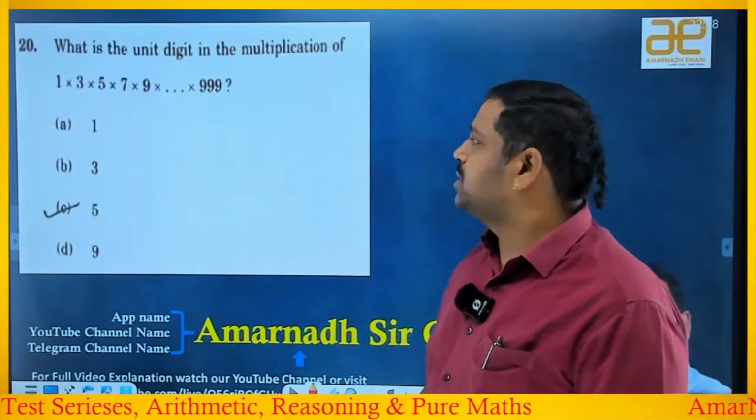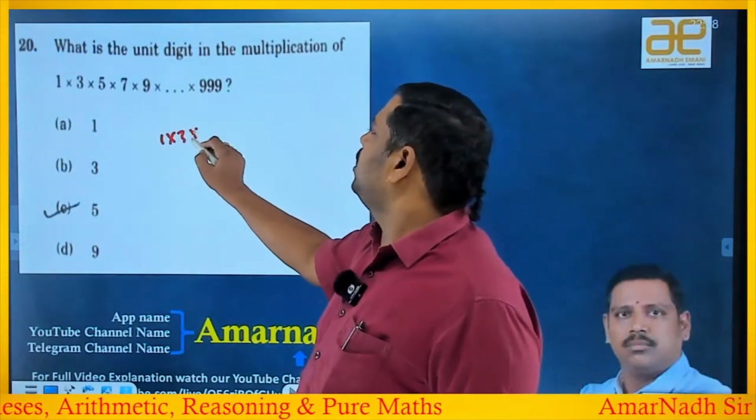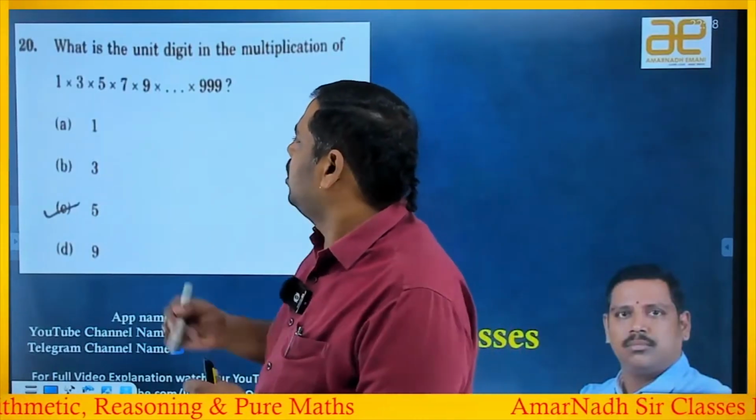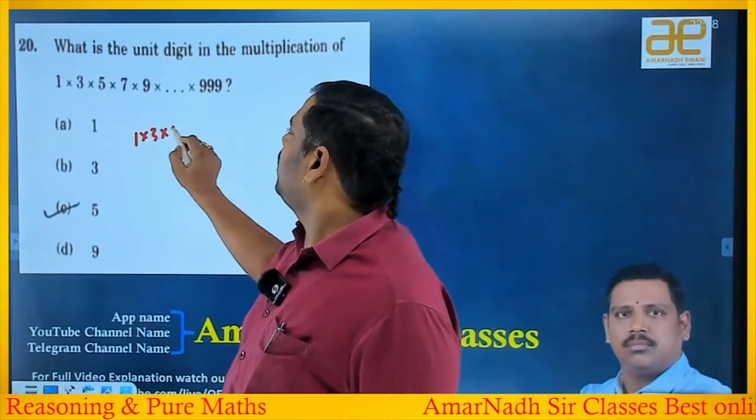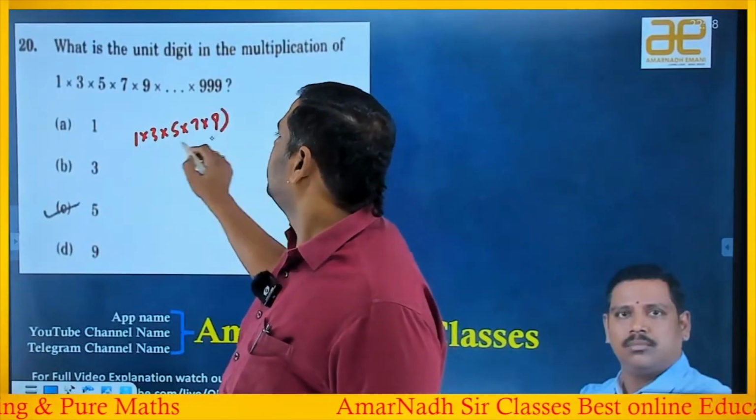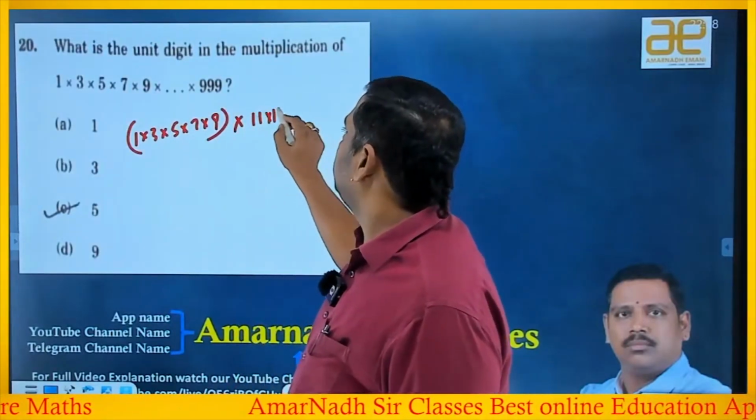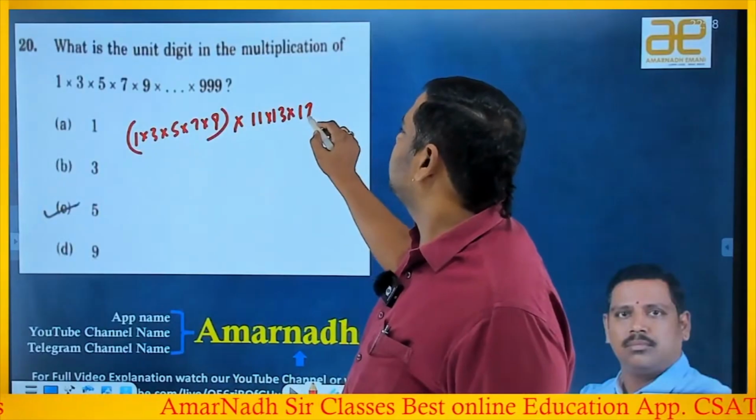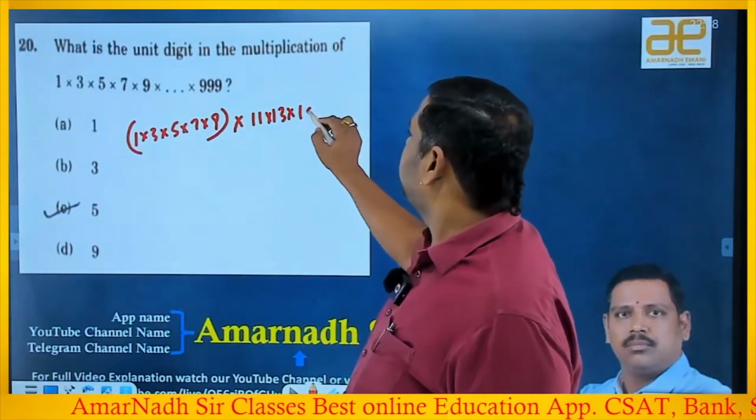The beauty is, observe: 1 into 3 into 5 into 7 into 9 into 11 into 13 into 15 into 17 into 19. I am taking 10 numbers as one interval, only odd numbers.